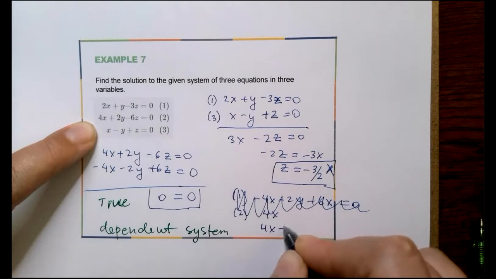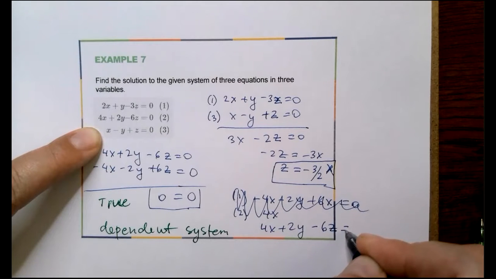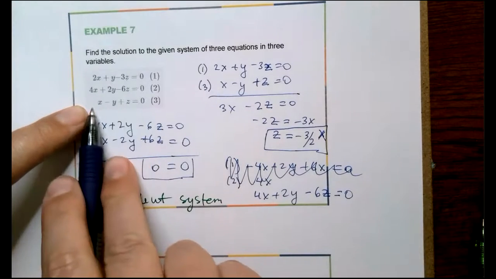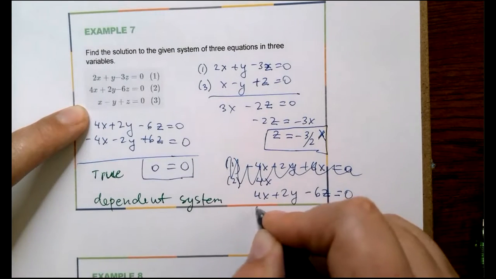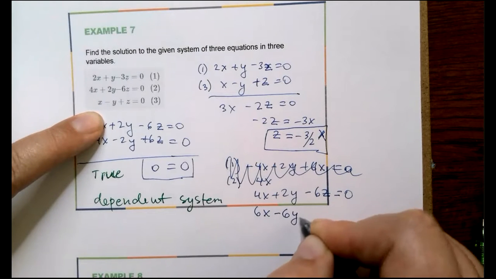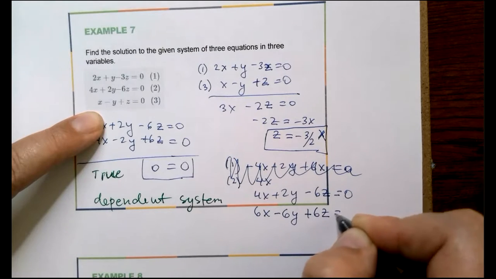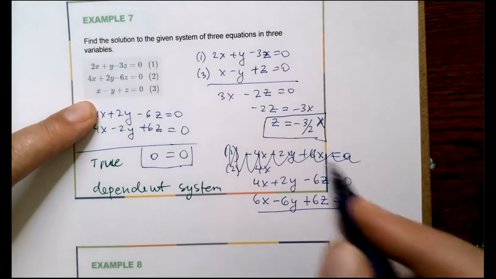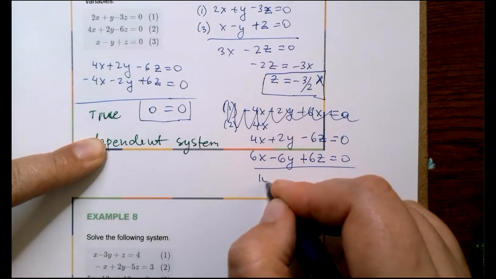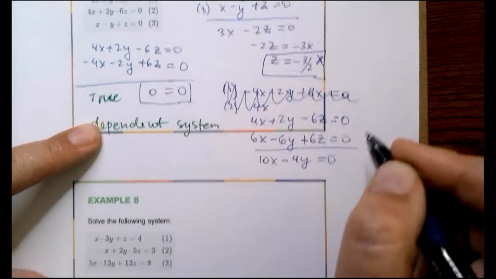So, 4x plus 2y minus 6z equals 0, and I'm multiplying the third equation by 6. So I have 6x minus 6y plus 6z equals 0. Adding them, I will have 10x minus 4y equals 0.